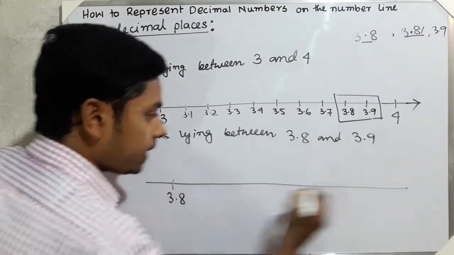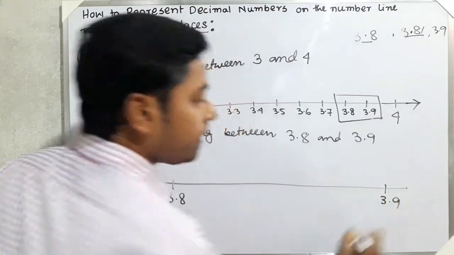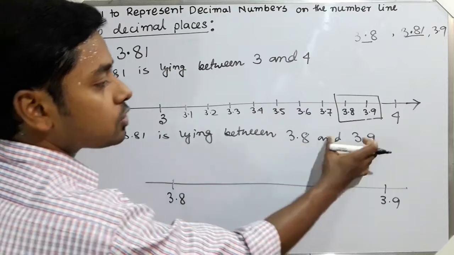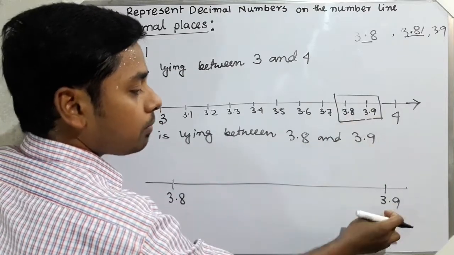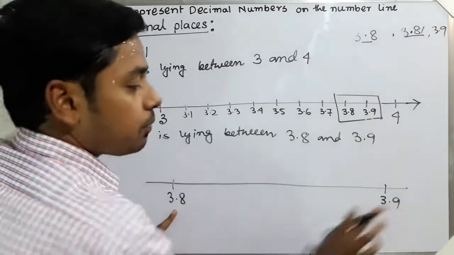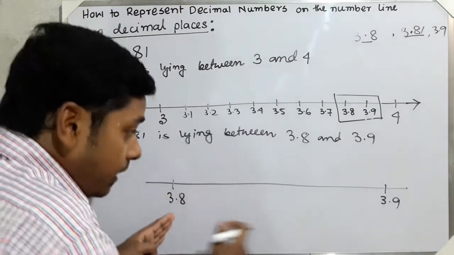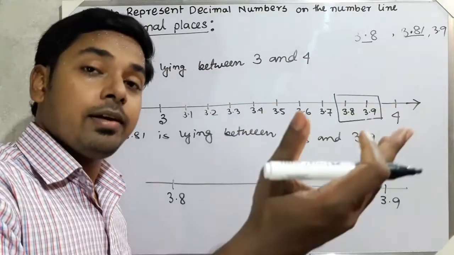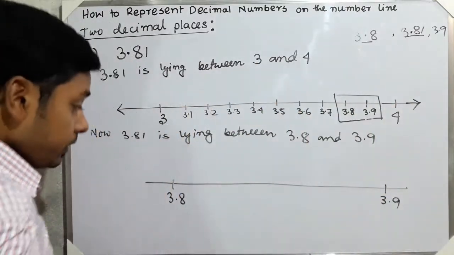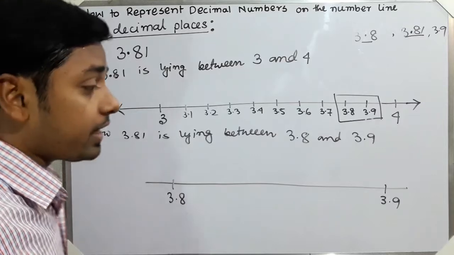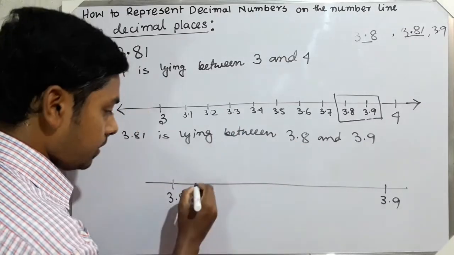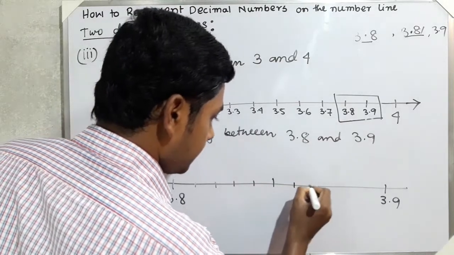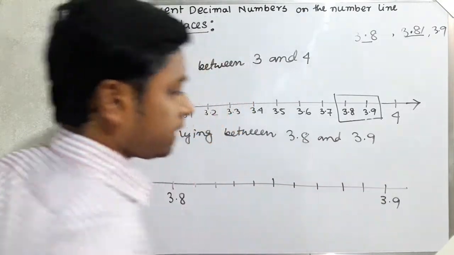Suppose this one 3.8 and this one 3.9. अब यही डिस्टेंस को लेके काम कर रहे हैं. देखो जहां पे जिस दोनों नंबर के बीच में लाई कर रहा है, अब उसी दोनों नंबर को लिए हैं, ये 3.8 3.9. अब ये डिस्टेंस को कितना टाइम्स कितना पार्ट्स करेंगे, 10 इक्वल पार्ट्स, फिर 10 इक्वल पार्ट्स. ओके, नाउ टू मेक 10 इक्वल पार्ट्स हाउ मेनी टाइम्स यू हैव टू कट इट, 9 टाइम्स. 1 2 3 4 5 6 7 8 9 times you have cut it.